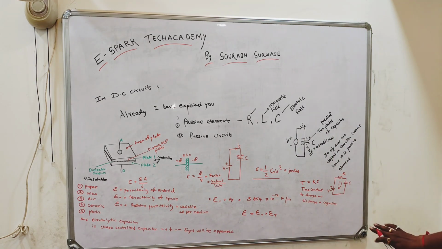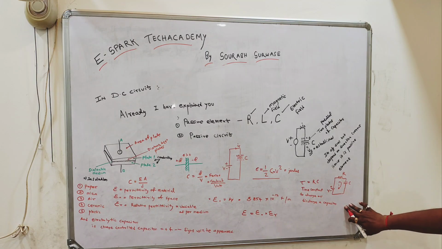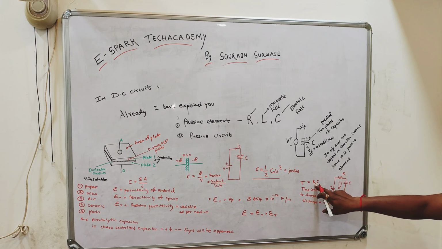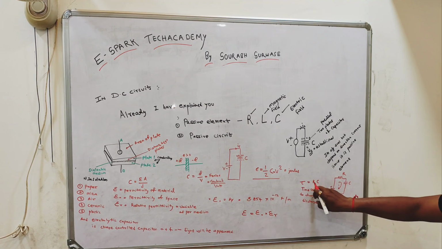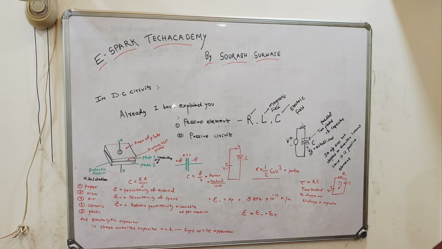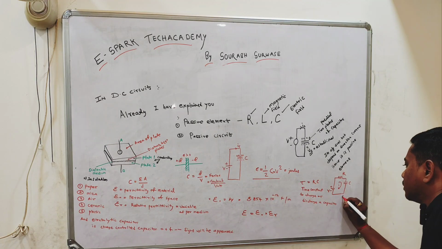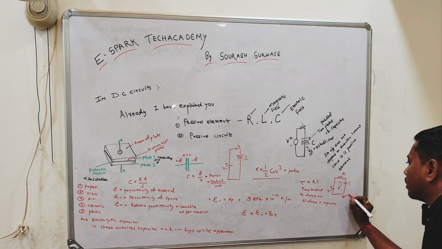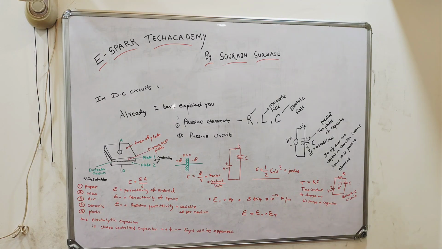Some time will be required, and that time is calculated by multiplying R and C. Both are passive elements, resistance and capacitance. This is a series RC circuit. This time constant I will explain in detail in the next lecture.